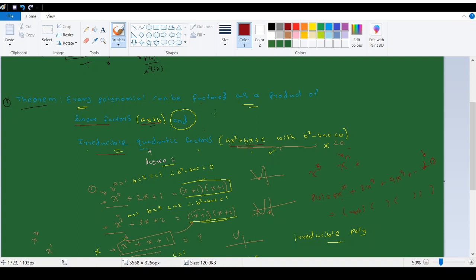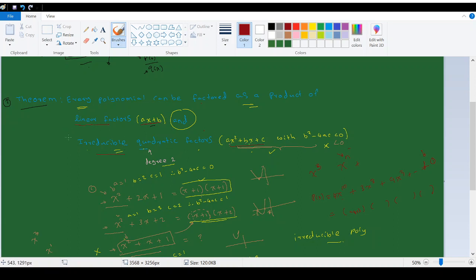This doesn't give any method to compute those factors. It just mentions that you will definitely have such a factorization with a combination of linear factors and irreducible quadratic factors.